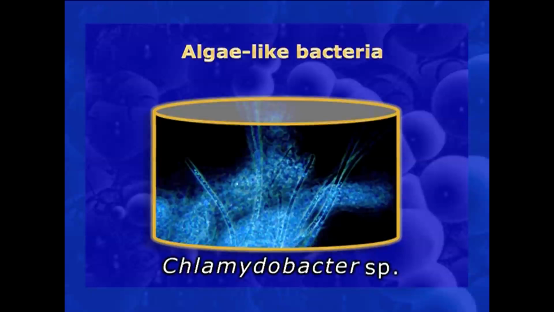Alga-like bacteria, Chlamydobacteria, including Thioploca, Thiothrix, they are alga-like bacteria. They can reduce H2S, hydrogen sulfide. They can make sulfur globules, sulfur granules, etc. Right? And they are attached to the substratum with holdfast. That's why they look like alga.